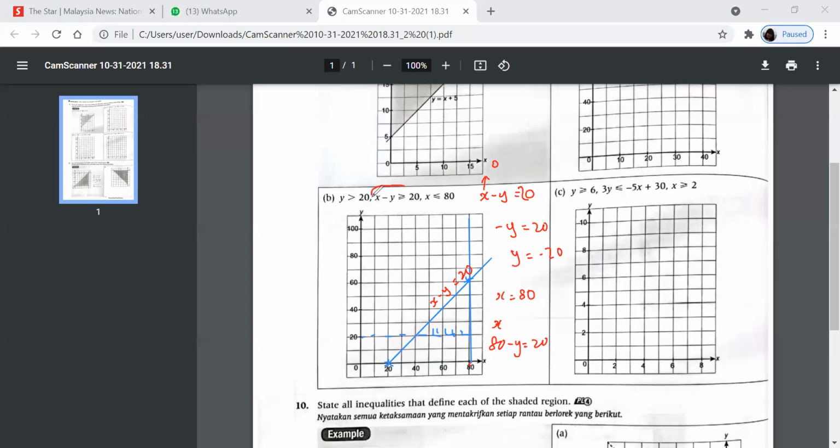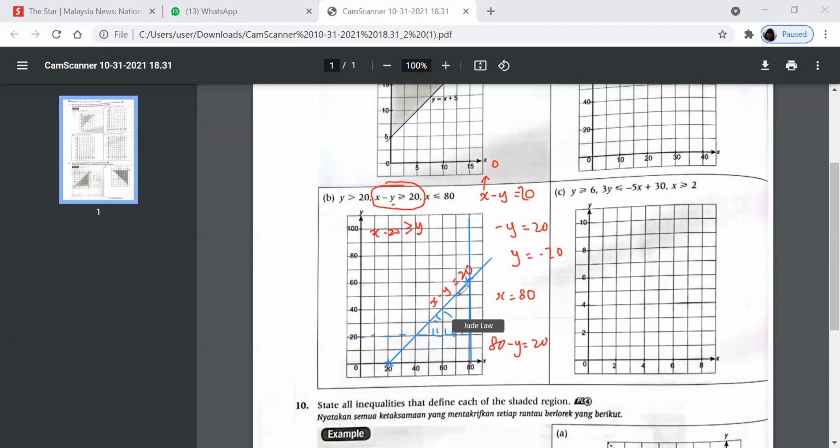So here, this is the equation, right? If you want to see up or down, then you have to look at the y. But it's negative y. So what do you do? Less than. So that means y is less than x minus 20.